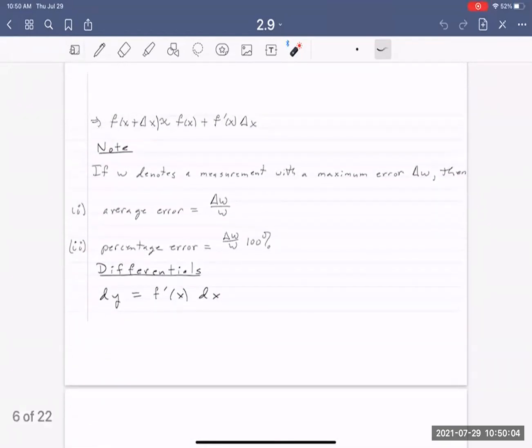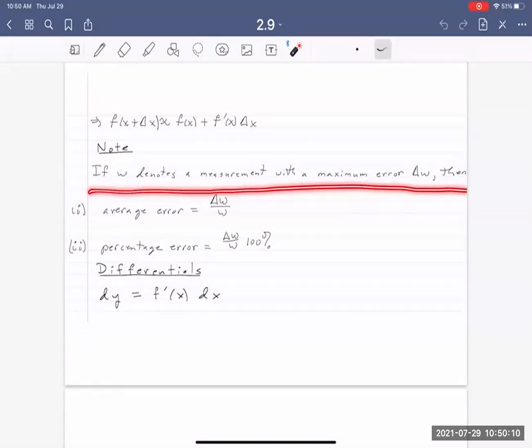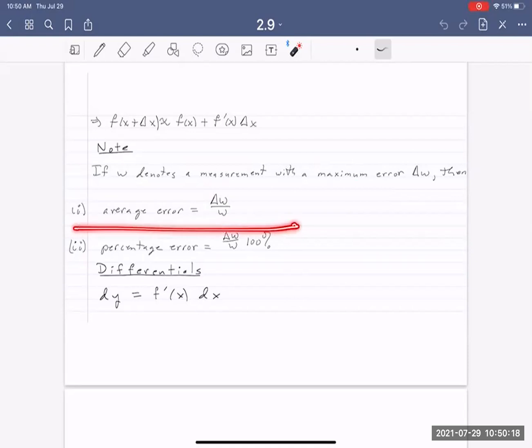Note, if W denotes a measurement with a maximum error of delta W, then the average error is delta W over W. The percentage error is delta W over W times 100%.